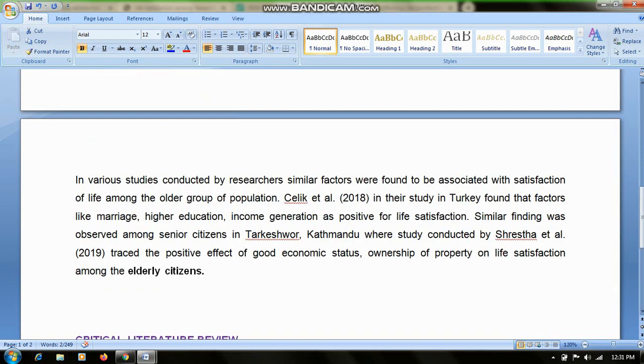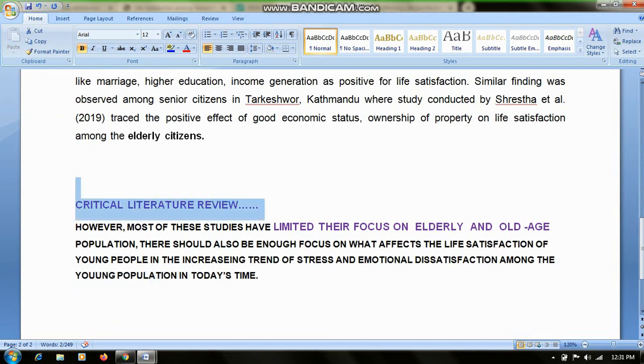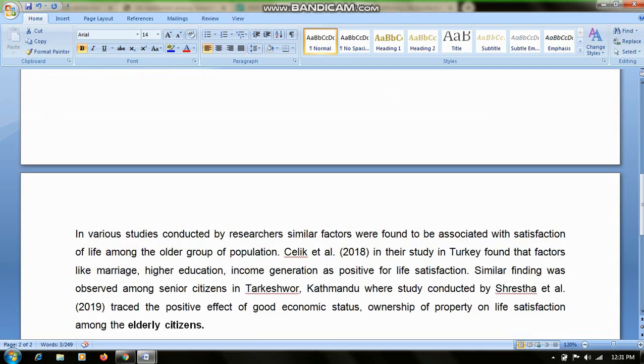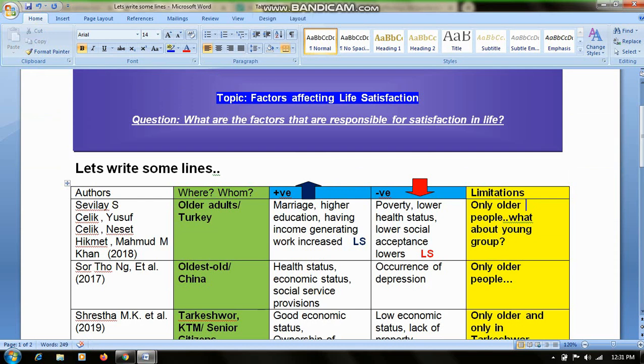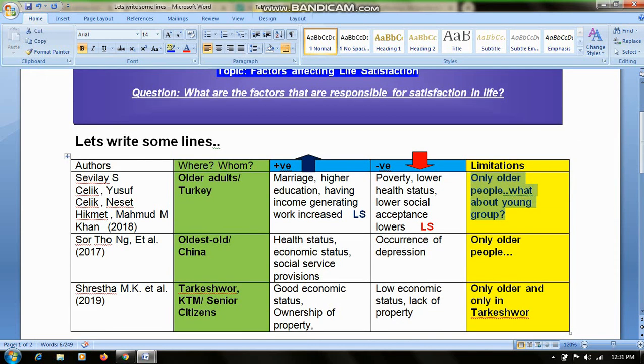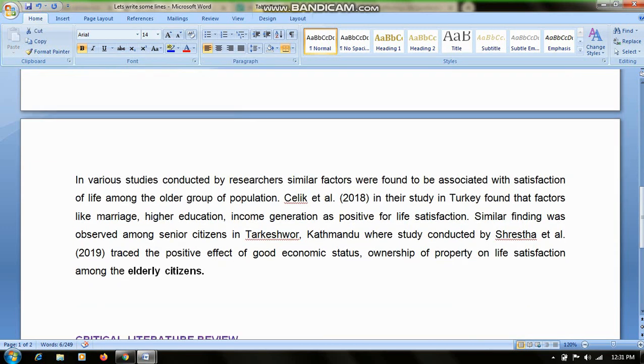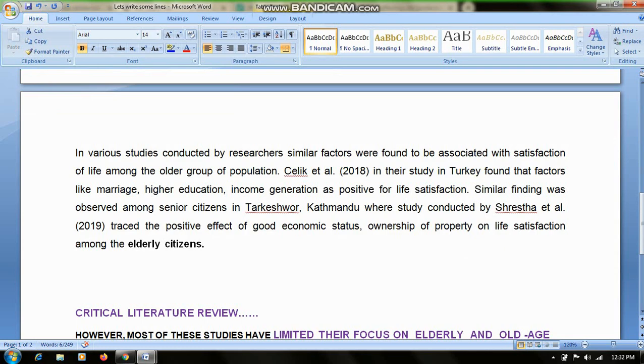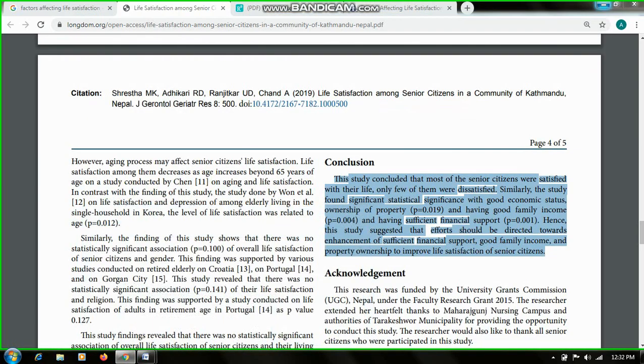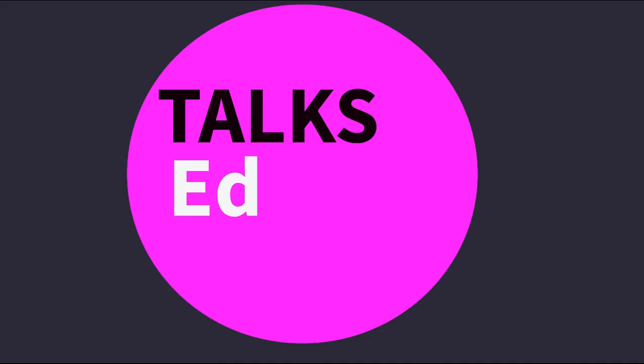You will find out the findings, write them down, but you will point out that these articles are limited because they could not answer the question for young teenagers. So in this way you will write down the findings and point out the limitations of the studies. This is the way to write a critical literature review efficiently. Okay, so this is all for today, guys.